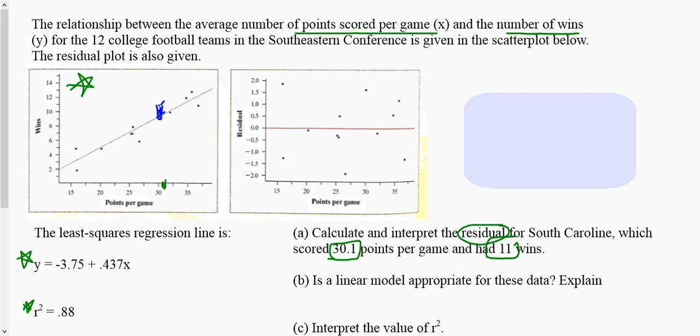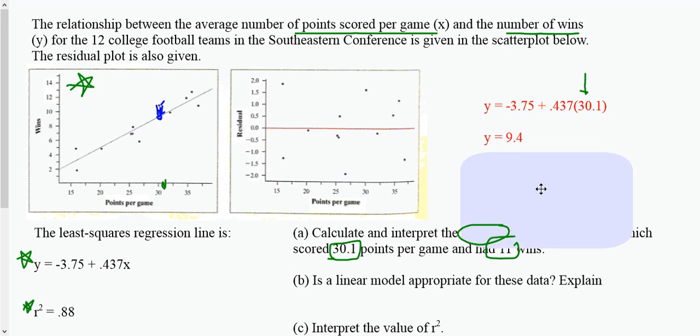Well, how do we calculate that? Well, we would take the equation, we would plug in the x value that we are wondering about, and in doing so, it kicks out 9.4. Now this value right here, 9.4, is the predicted value.